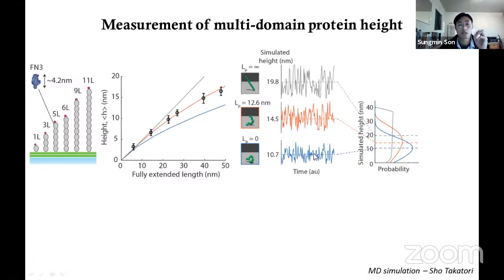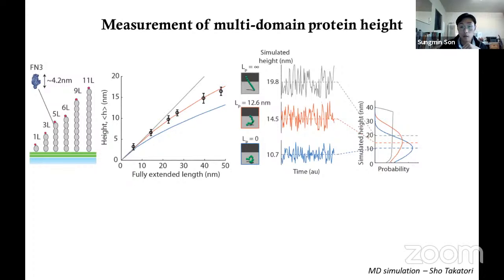In this simulation, he basically modeled each protein domain as a hard sphere and introduced a rotational stiffness between each of those two domains. And then by tuning that rotational stiffness, he can recapitulate the motion of semi-flexible polymers. For semi-flexible polymers, you can describe the entire motion by one parameter called persistence length.